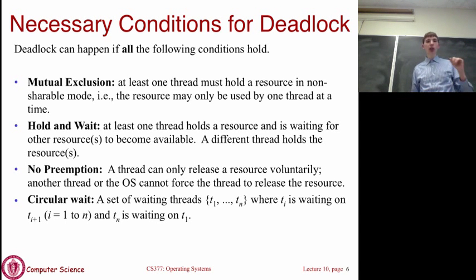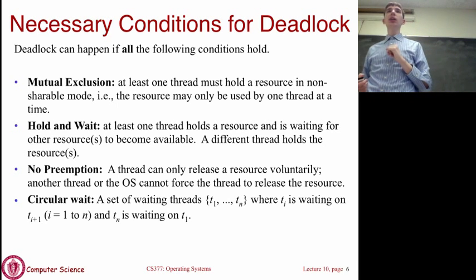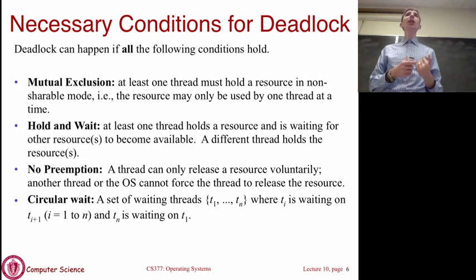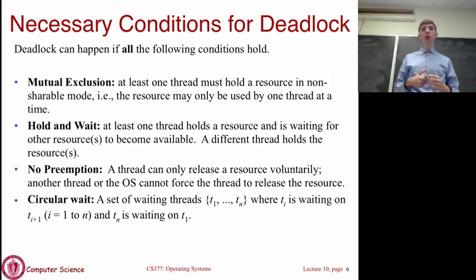And then the fourth condition is what we call circular wait. This is where you have a bunch of threads that are waiting in a circle in order to proceed.